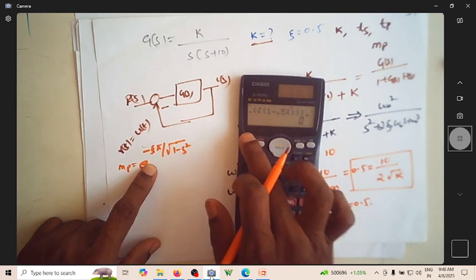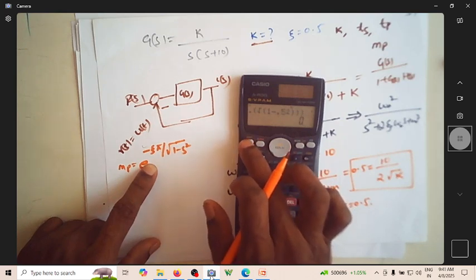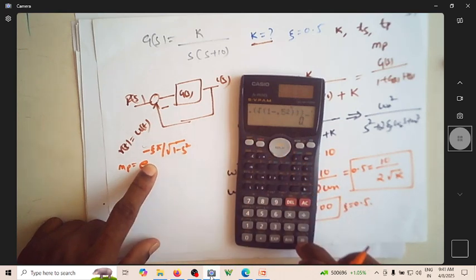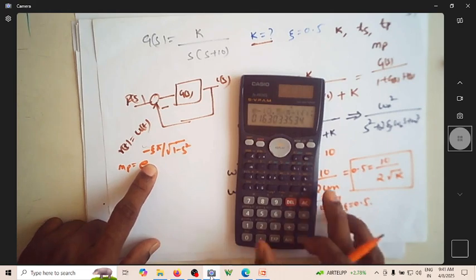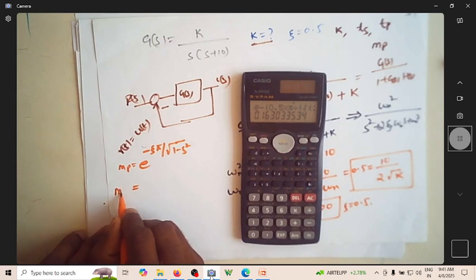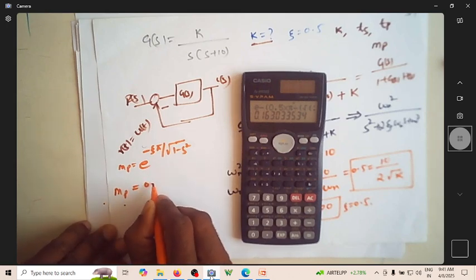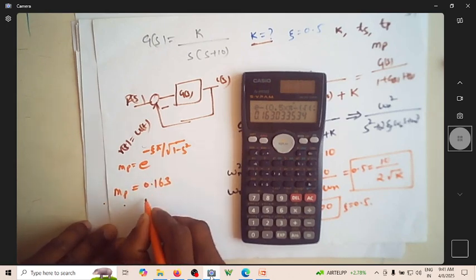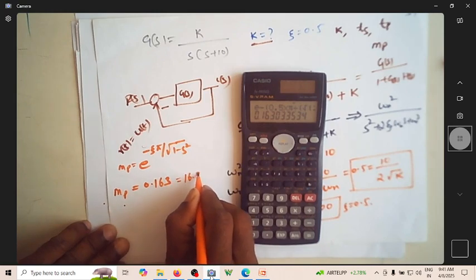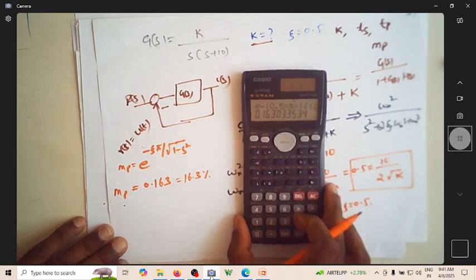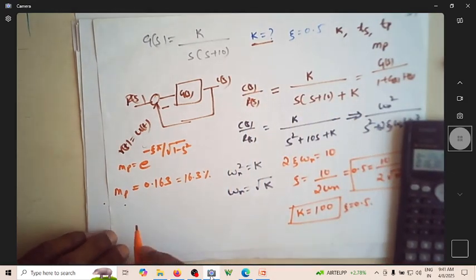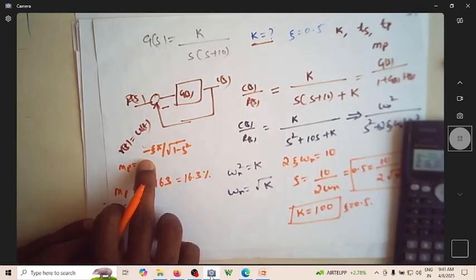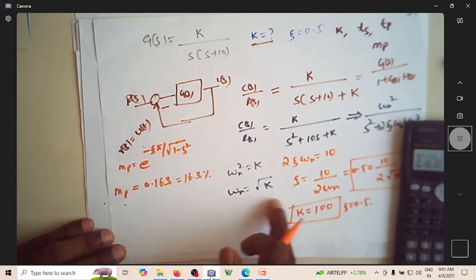So I'm getting MP equal to 0.163, which is nothing but 16.3%. This is the value of MP. We substituted the value of zeta as 0.5 and then proceeded.